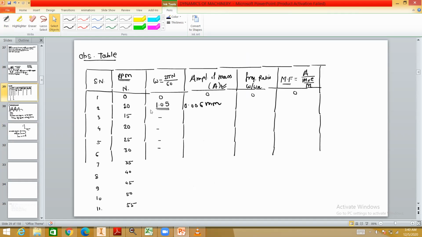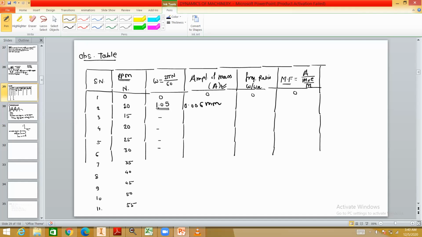First value is 10, we have got the value of A as 0.006.